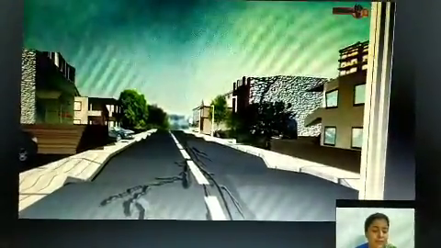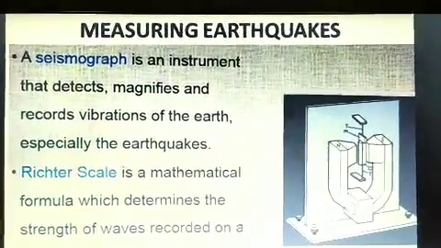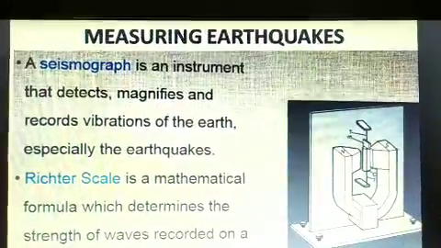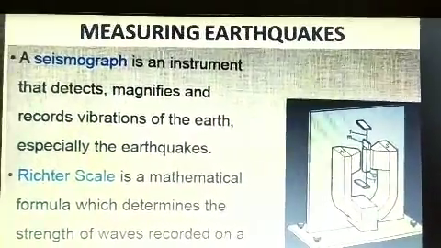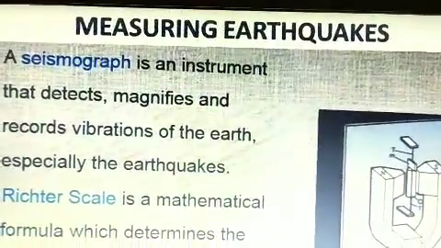The intensity of an earthquake is maximum near the epicenter, right? So in the picture which we saw, there was one focus, then there is an epicenter, and then the seismic waves, and then the maximum effect is seen at the epicenter.